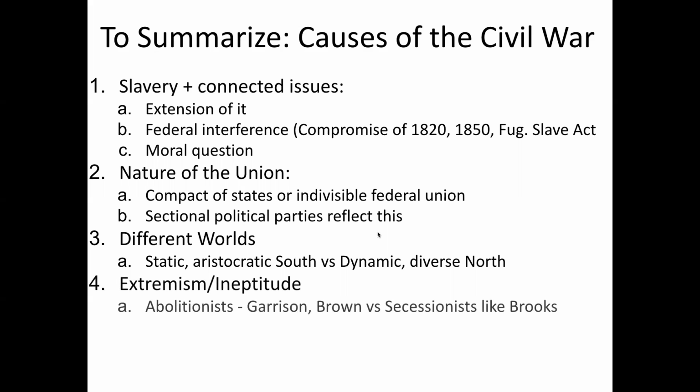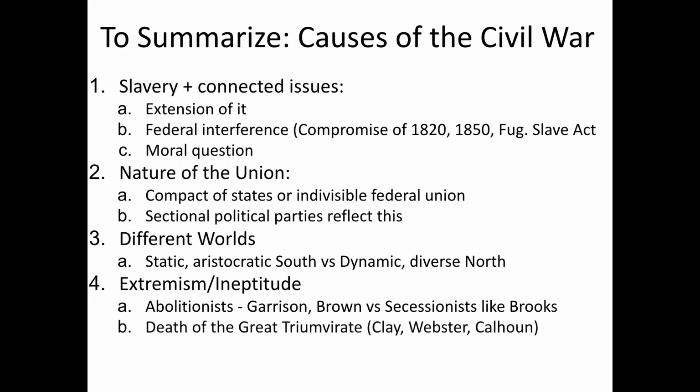And you've got extremists, extreme abolitionists like William Lloyd Garrison and John Brown that aren't afraid to espouse violence. And you've got secessionists also being willing to espouse violence when you look at the caning of Sumner at the hands of Preston Brooks.